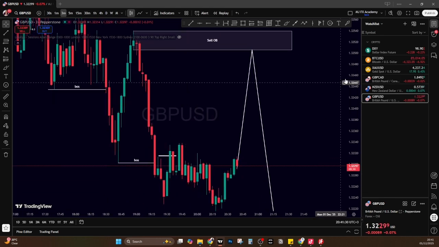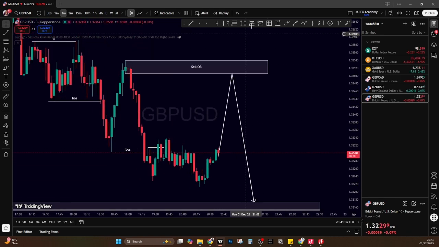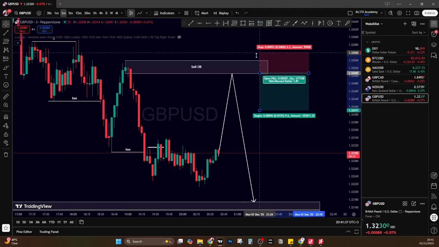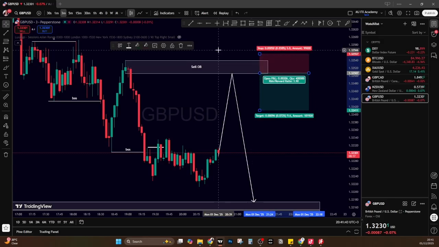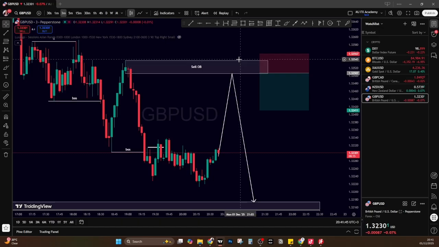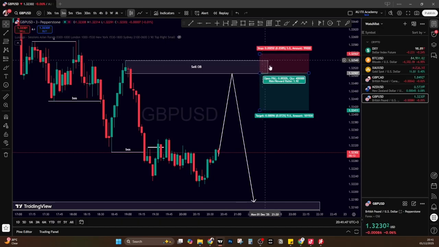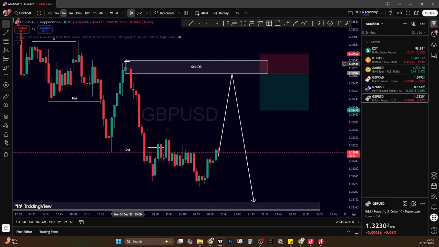So we expect the market to come, tap to our order block. Maybe you can do a 5 pip stop loss, because the market can decide to take out this with a wick and then continue.